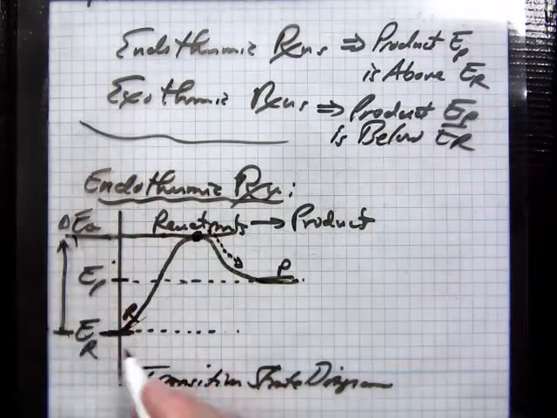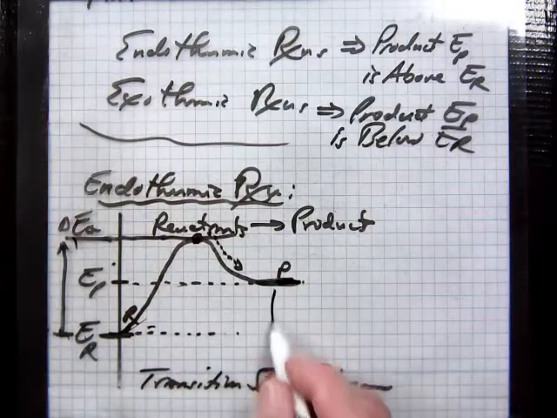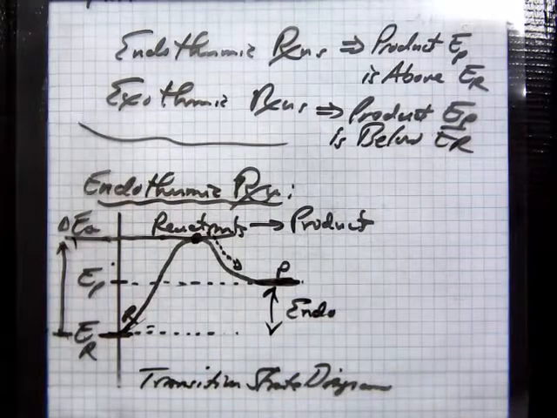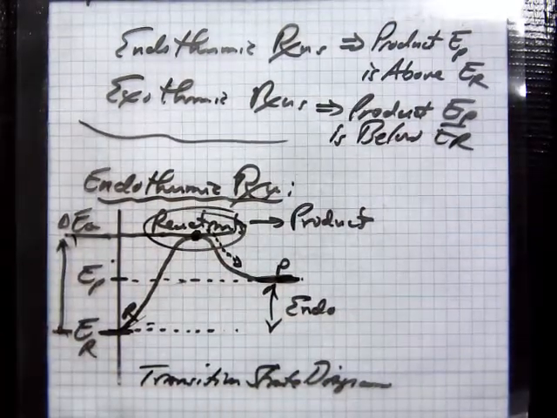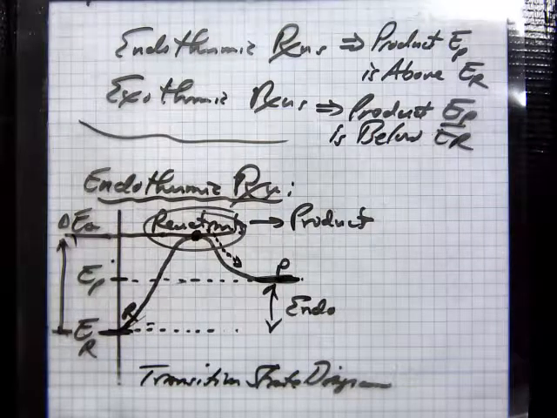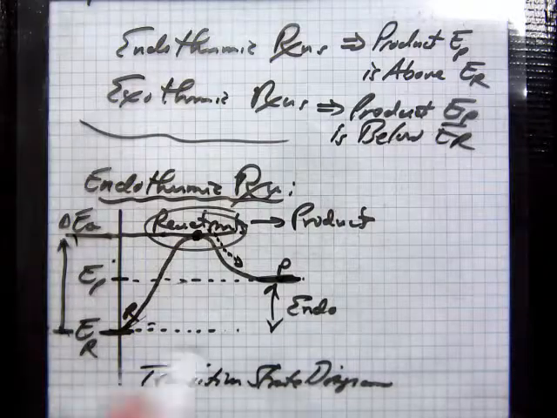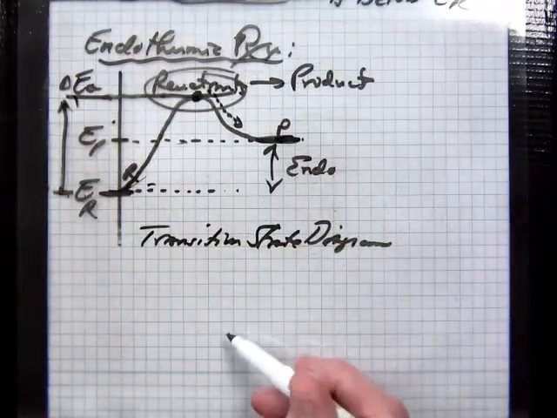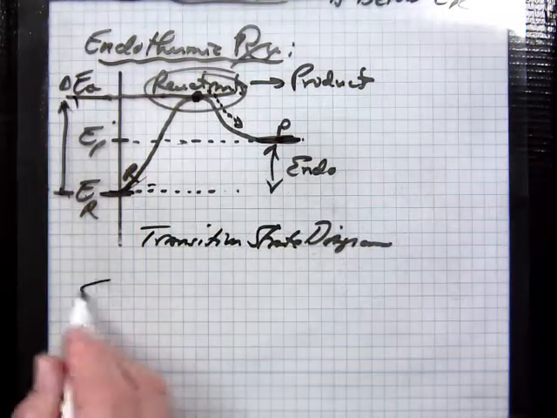Even though the products are above the reactants, that's essentially the endothermic definition. But to generate that reaction, the gases have to go up to the activation energy. Now, an exothermic reaction will show the products below the reactants, but it too has to go through the activation energy. I'll show you. Exo.